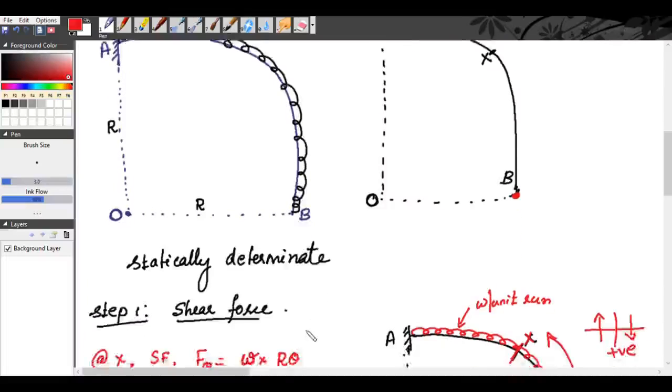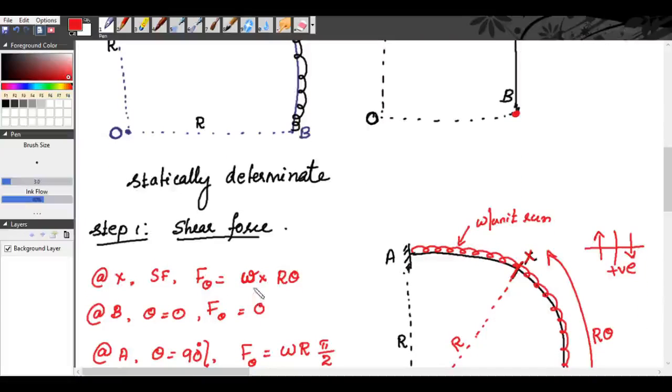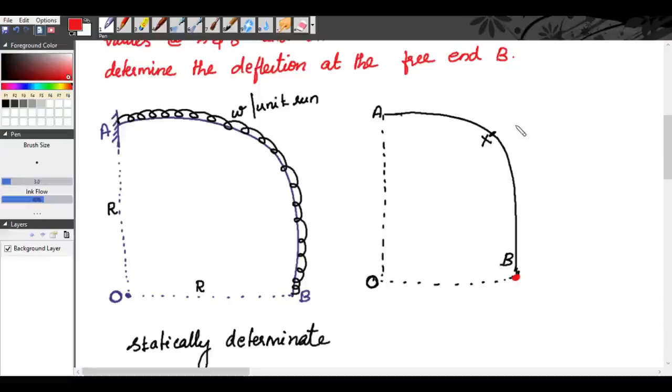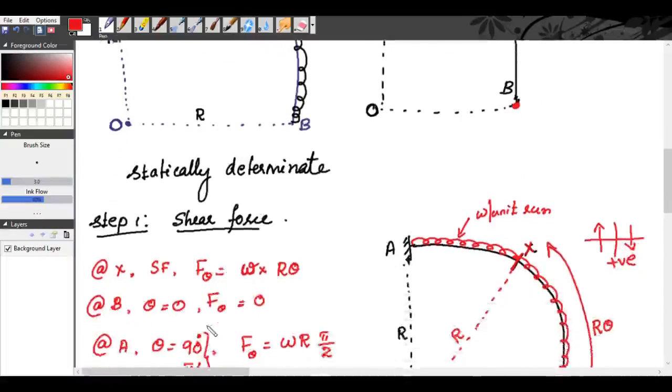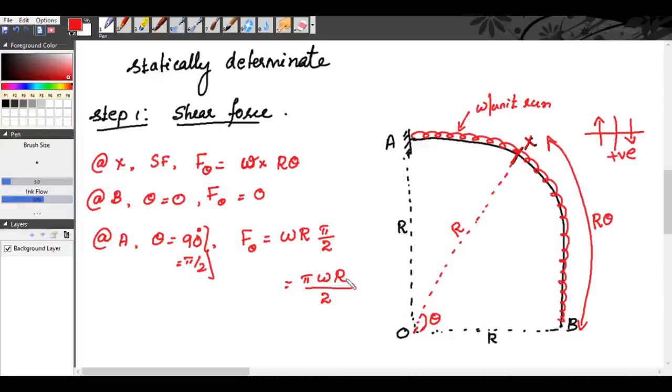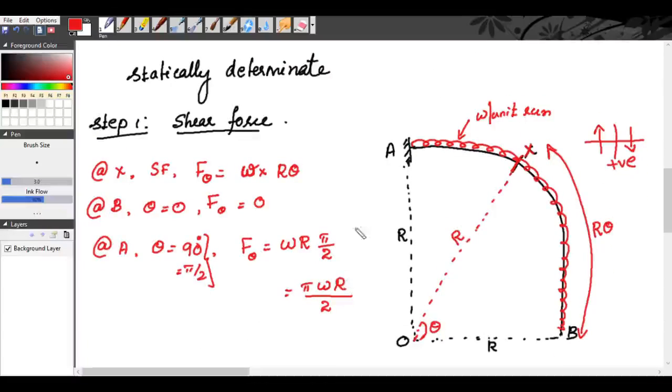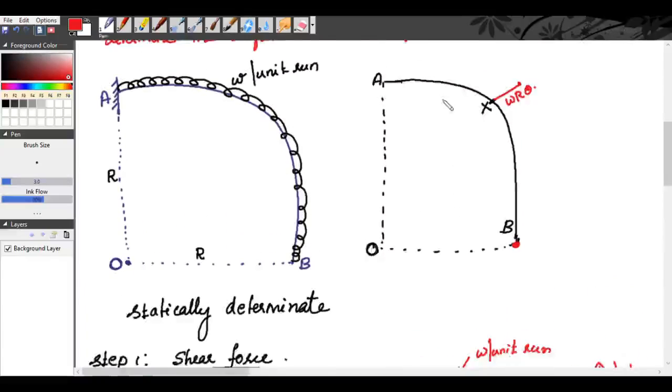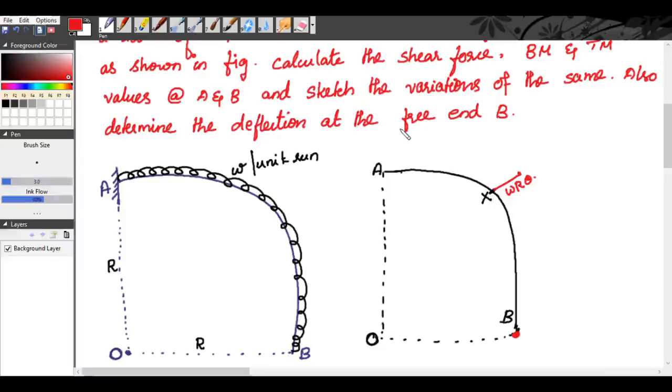At X, shear force is W R theta. At A, it is pi by 2 W R, that is, pi W R by 2.